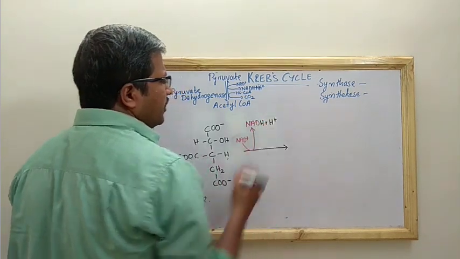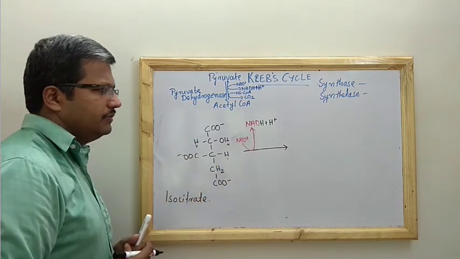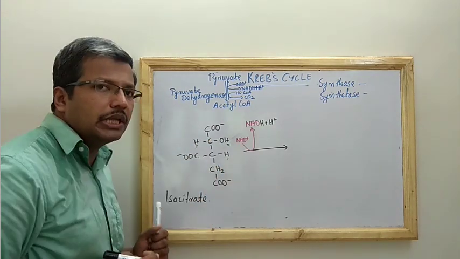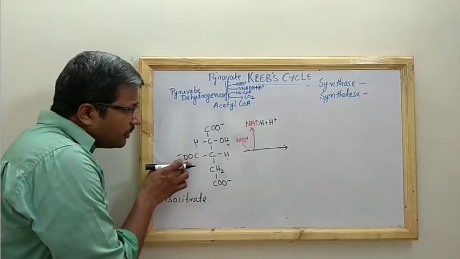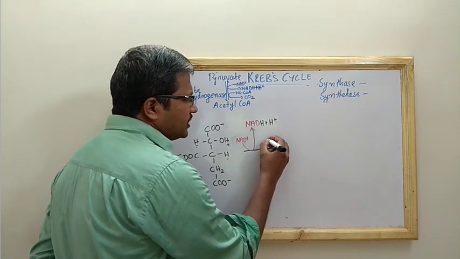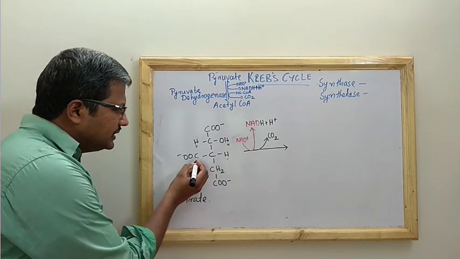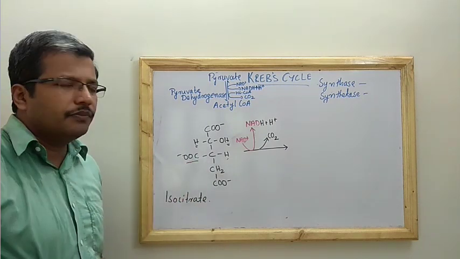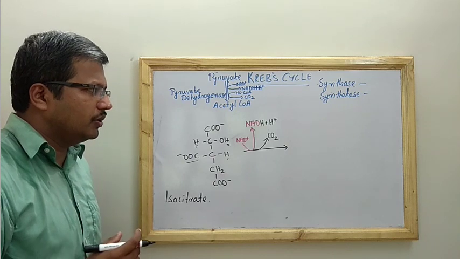This hydrogen and this hydrogen come from there, so it will be C double bond O here. Now what should happen? This particular carbon dioxide should be removed. So we are showing the release of carbon dioxide. This carbon dioxide is removed.